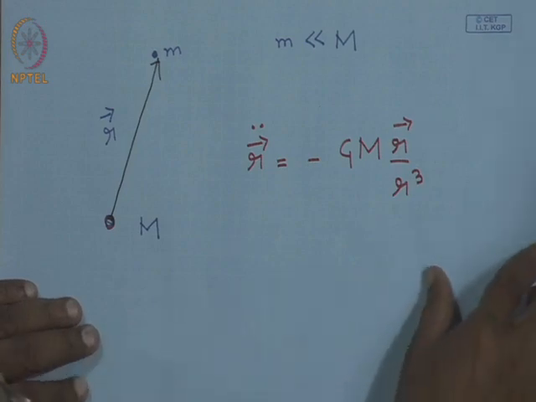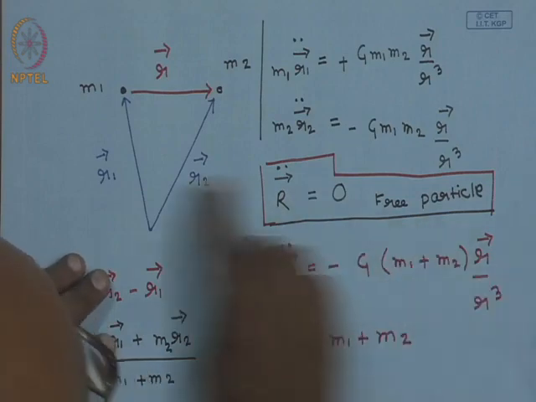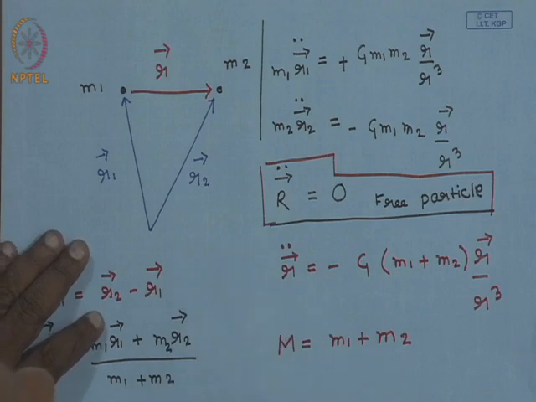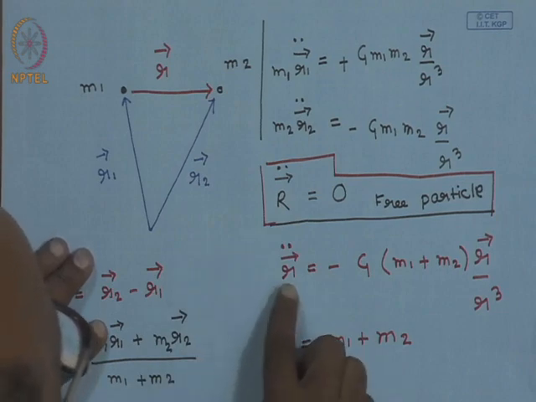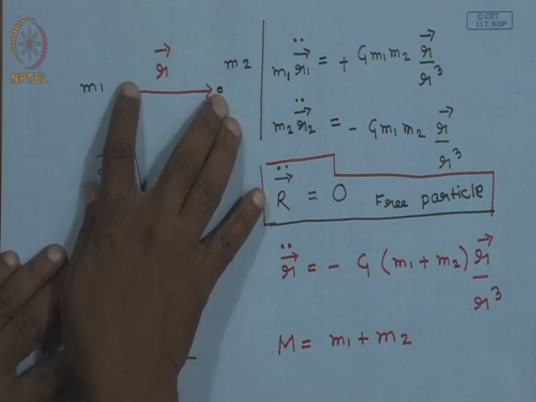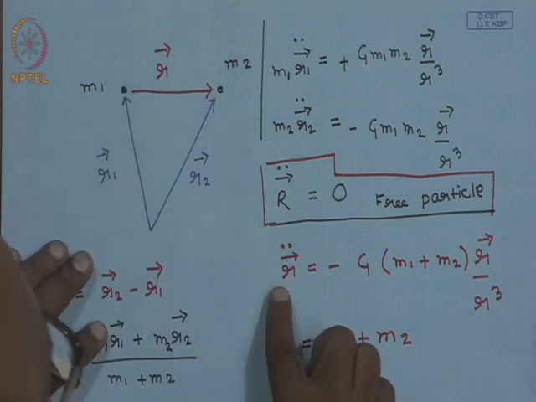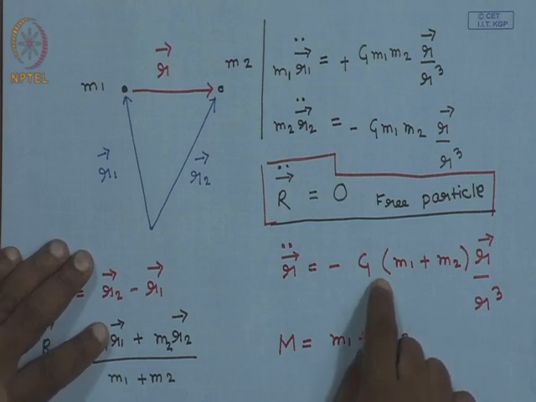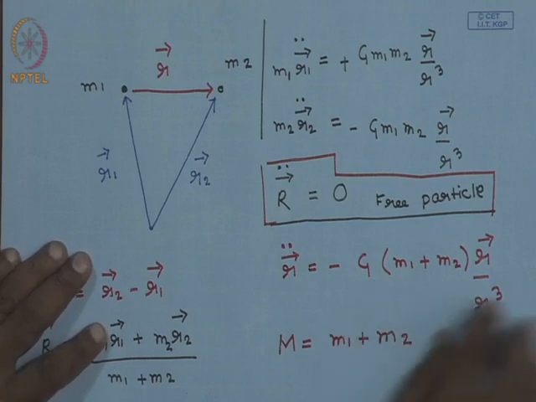So, the two body problem of a binary system can be reduced to a one body problem if we go to the center of mass frame of reference, and the relative displacement between these two particles behaves in exactly the same way as a single test particle in the gravitational field of a much more massive object. That is the first thing.